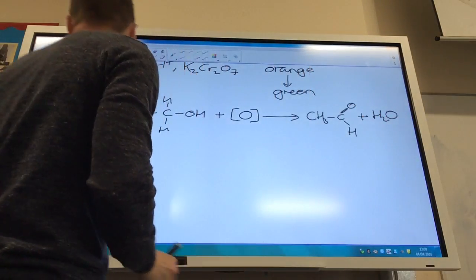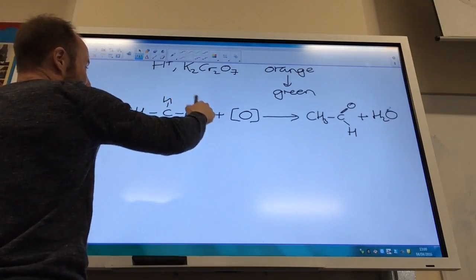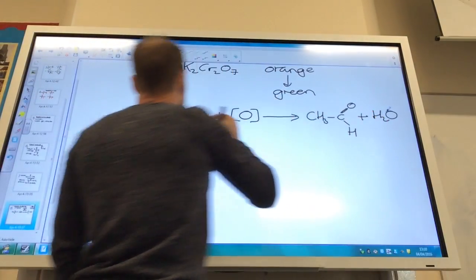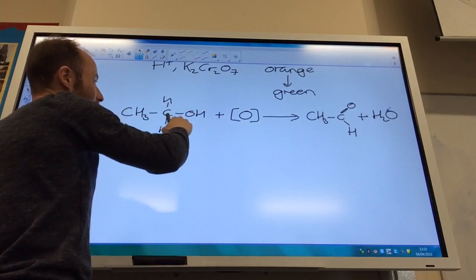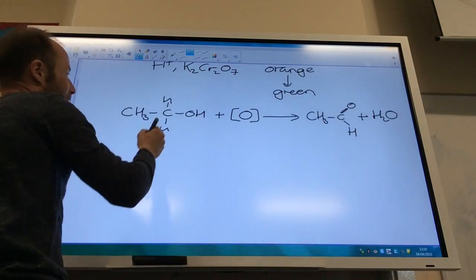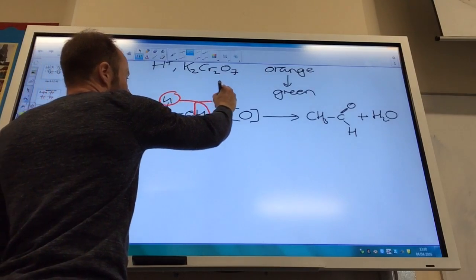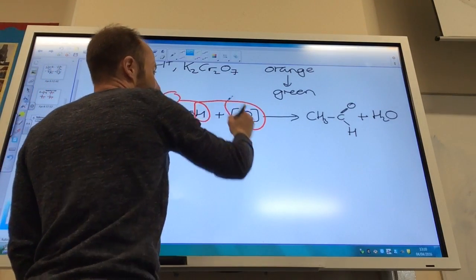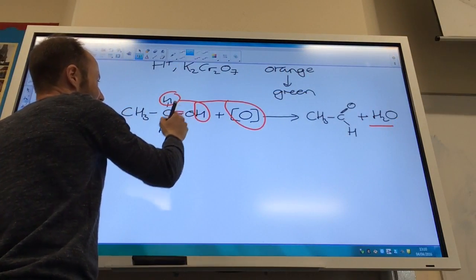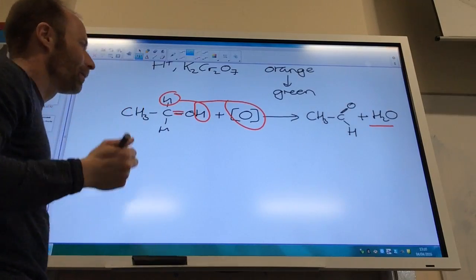So you can think about it, if you like, that one of these two hydrogens goes off with that oxygen to give me water. This then gives me a double bond, which is there. So it depends how you want to think about it. You can think that these hydrogens go off with this oxygen to give me the water. That then creates a double bond there, like so.